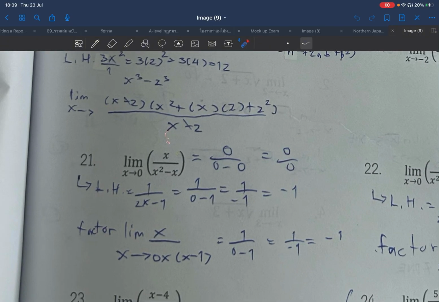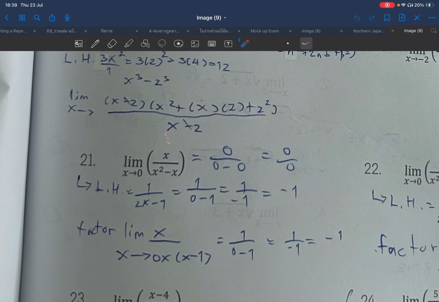Alright, so number 21, the limit of x over x power 2 minus x as x approaches 0. So direct substitution as usual, you should get 0 over 0. So factor out x from the denominator, there's no other factor.